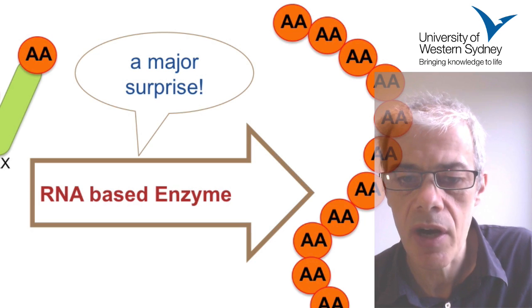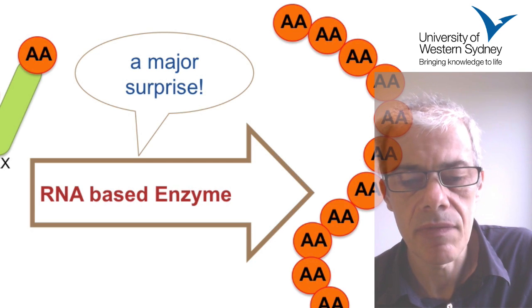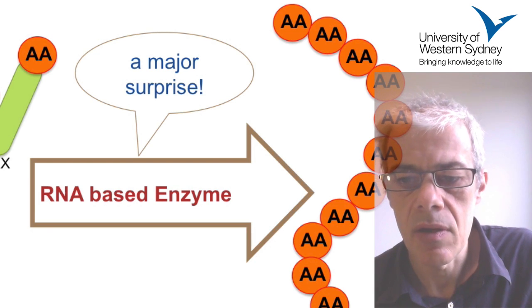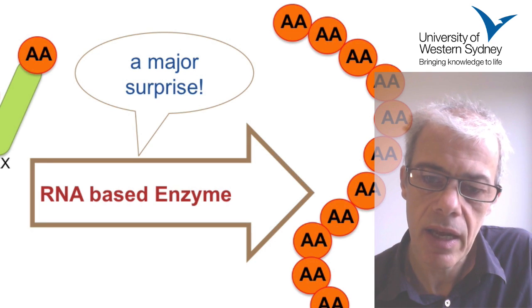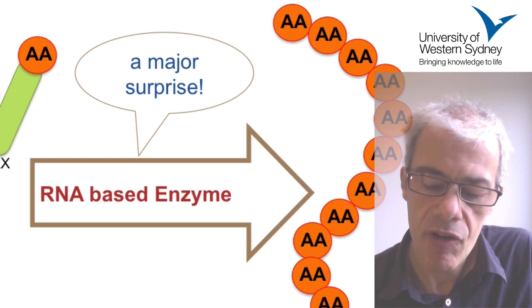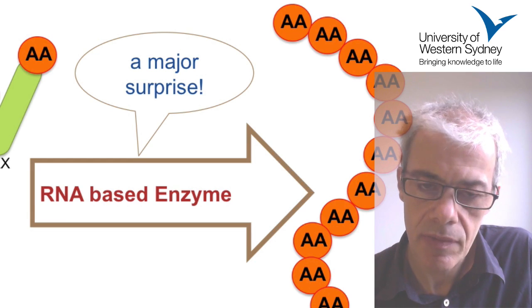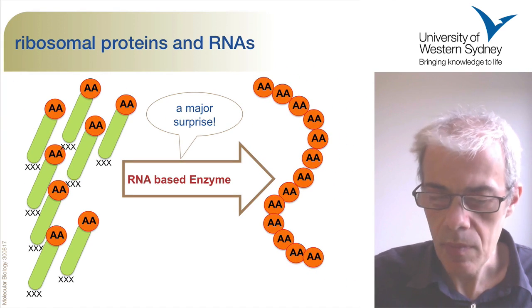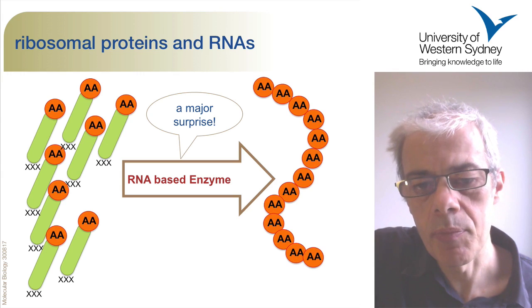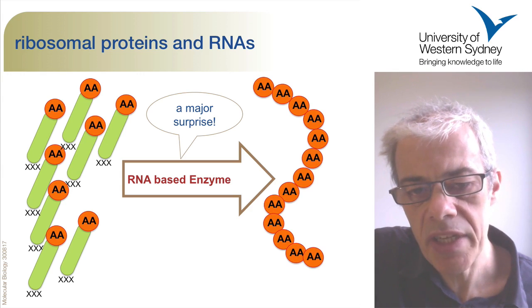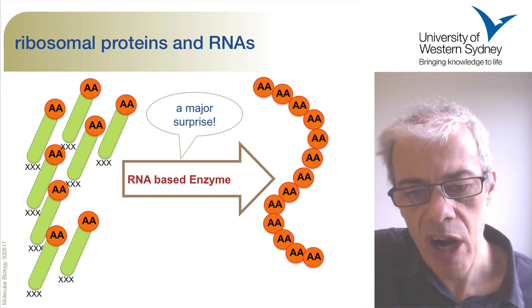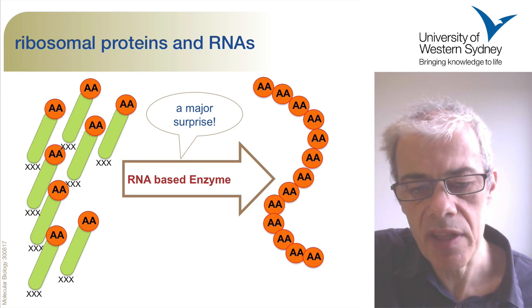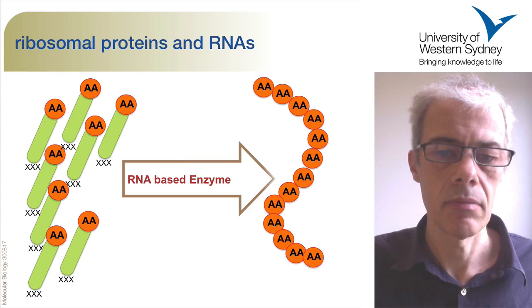And this was a major surprise, and it's kind of fascinating that we have not only proteins with enzyme activity, but we also have RNA with enzyme activity. So the ribosome is a mixture of proteins and RNA, but it's the RNA within the ribosome that's really driving the process of protein synthesis.